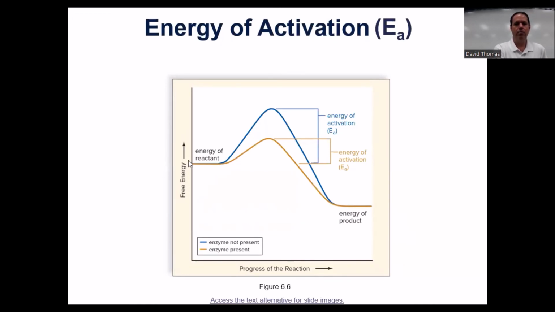Whatever reaction you're looking at, it starts out and requires a certain amount of energy. If you look at the activation energy without the enzyme first, that's the line in blue, enzyme not present, then it requires a certain amount of energy. They didn't really measure that. They just said, okay, take a look at the bracket. You have to get this much energy in order to get this reactant to be converted into these products.